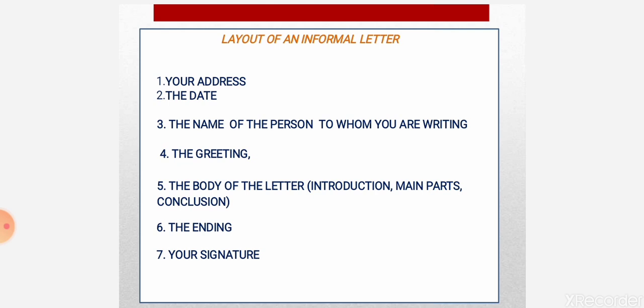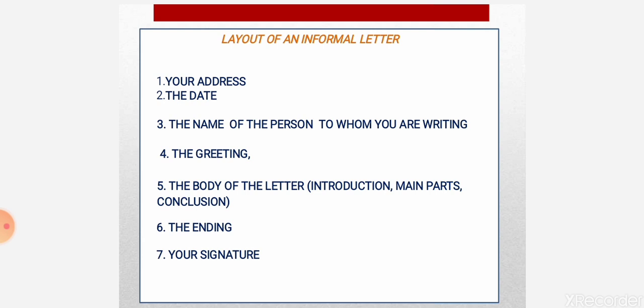After that, the main part. Main part means that you will write your message, whatever you want to convey, in detail. You will write all the activities you want to explain and convey, one by one.